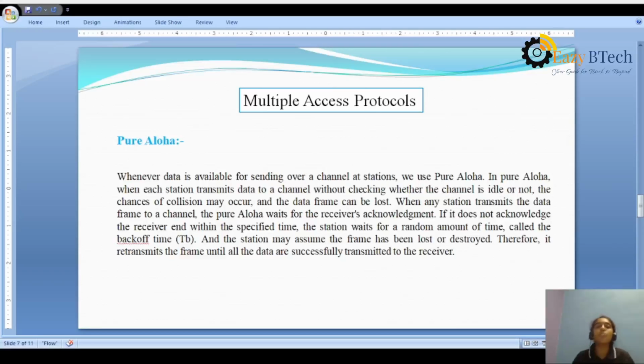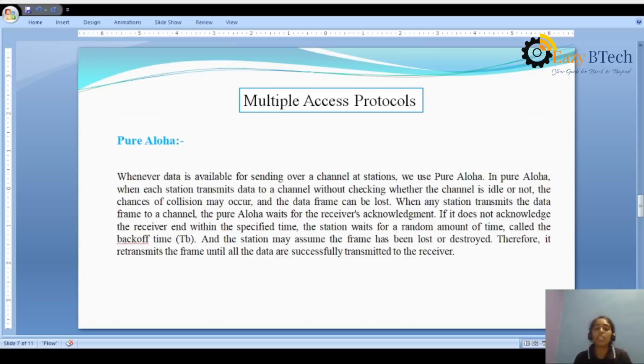Again, it retransmits the first frame. It does not go to the next frame. It retransmits the first frame. Once it is successfully delivered to the receiver and the acknowledgement is received by the sender, only then does the sender go to the next frame. So that is the concept of pure Aloha.